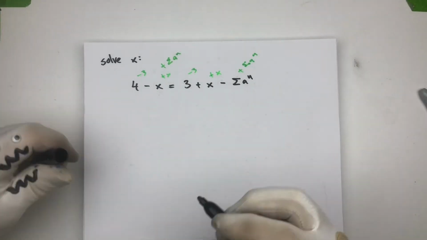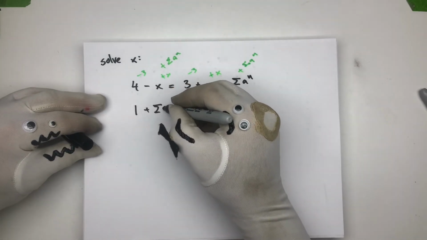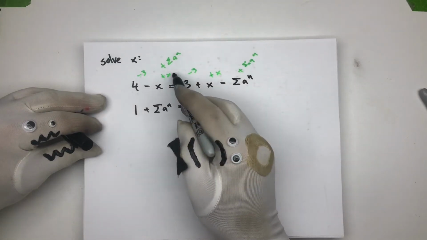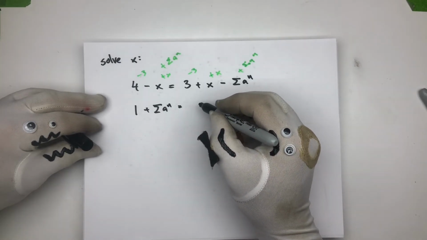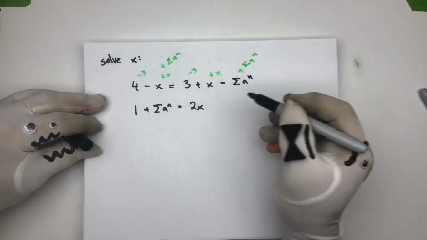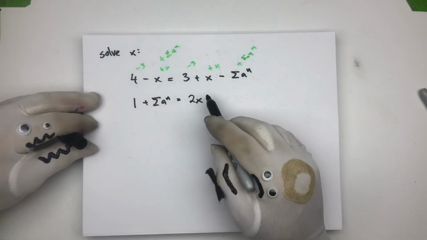When you do all that, 4 minus 3 is 1, plus this summation thing, equals, negative x plus x is 0, and this is actually going to be 2x. So we have to deal with this coefficient. I'm sorry, I was just trying to do a level 1 problem here.